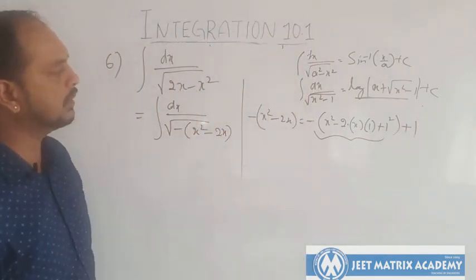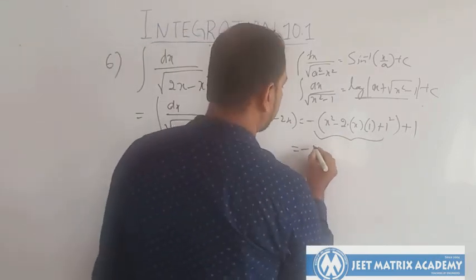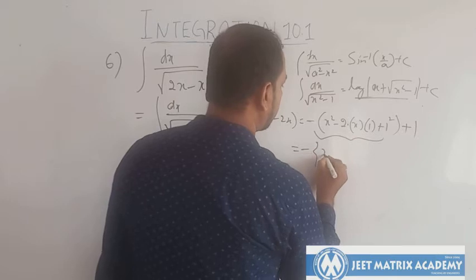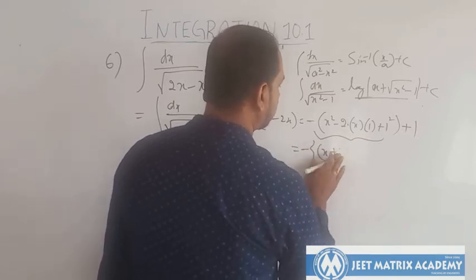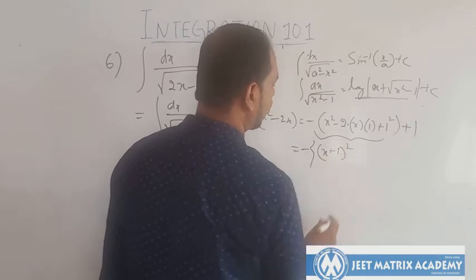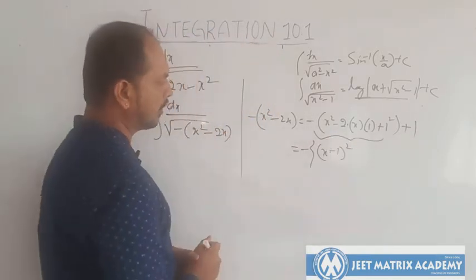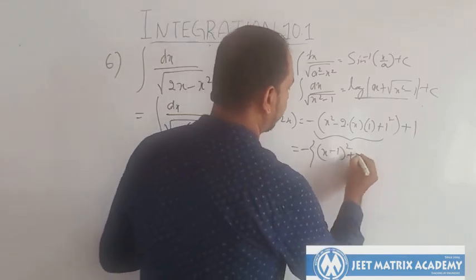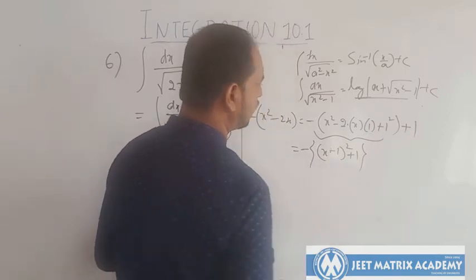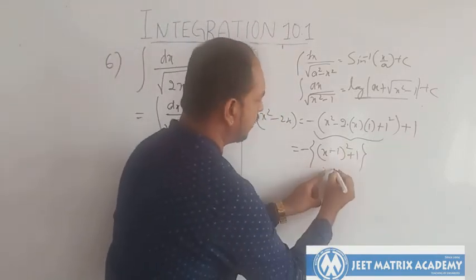So now things will be very easy. So what I can write is minus of x minus 1 whole square, plus 1. When I expand this, I am getting this. Is it true? Check, cross verify. So here I am getting plus 1.